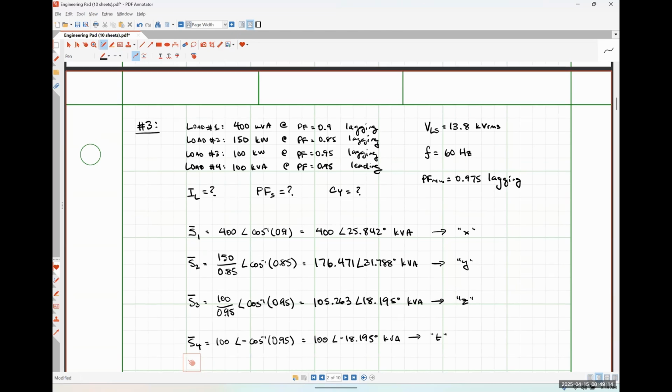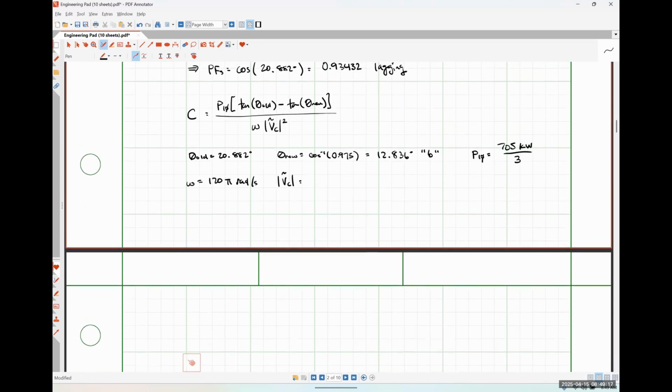So just 13.8 kilovolts RMS divided by √3. So I get 7,967.434 volts RMS, and I'm going to store this as C.